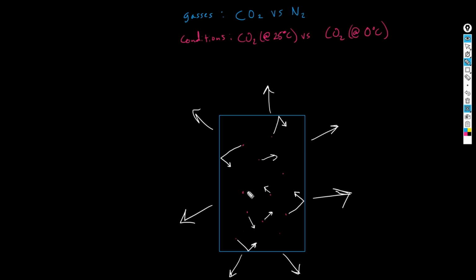It's the same with any container. Any container experiences forces from those particles crashing into the sides of the container when you have a gas inside of the container. That's what we call pressure. Pressure is simply just particles of a gas bouncing off and putting force on the sides of a container.